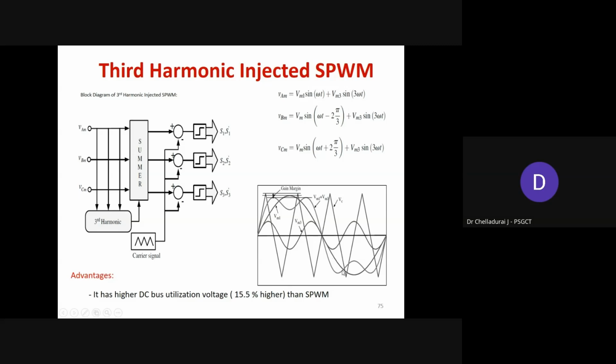That is, the fundamental plus third order harmonic waveform is used to compare with the high frequency carrier. It will drastically change the performance of an inverter. One of the very important advantages of using this technique is that the DC bus utilization is 15.5% more than that of the SPWM technique.